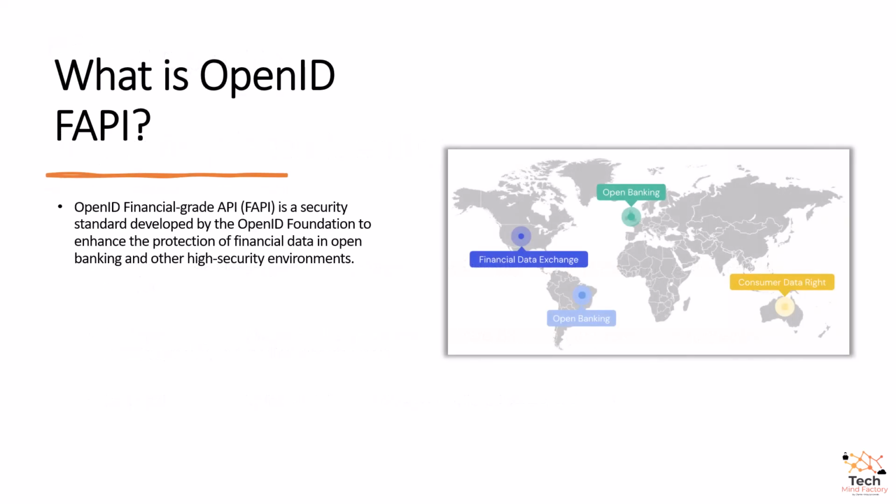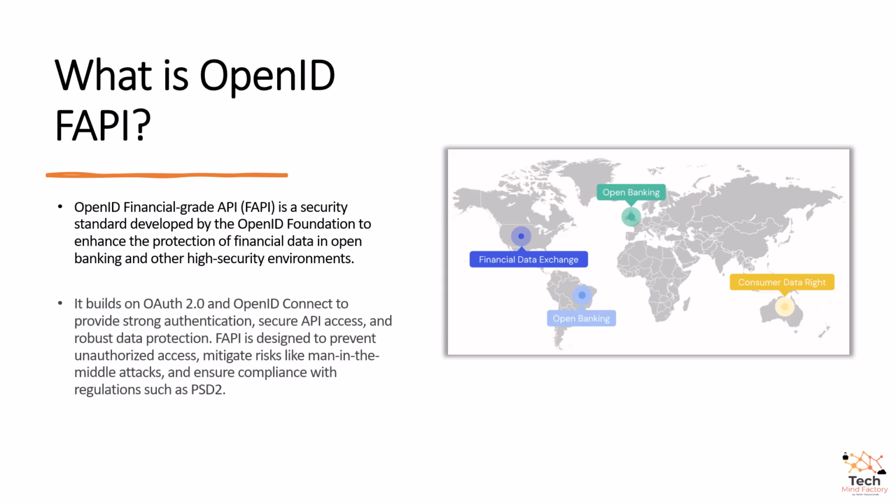When talking about Auth0 highly regulated identity, it's very important to mention OpenID FAPI or OpenID Financial Grade API, which is a security standard developed by OpenID Foundation to enhance the protection of financial data in open banking and other high security environments.